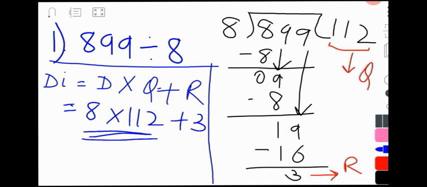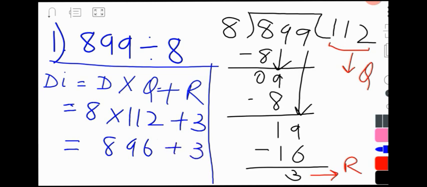So let us multiply 8 and 112. 8 multiplied by 112 is 896. Then we add the remainder, that is 3. So our answer is 899. And our dividend is also 899.